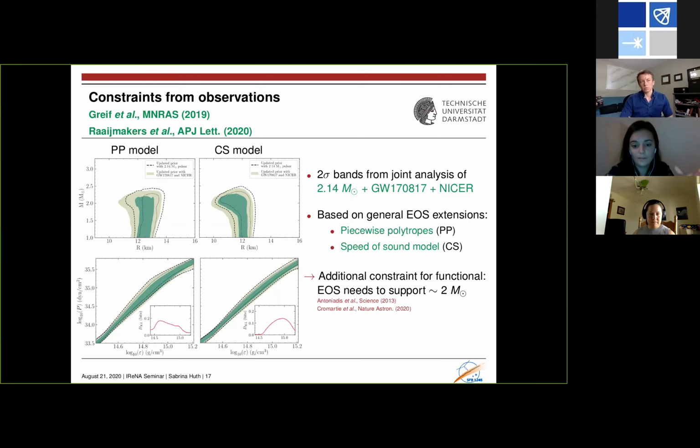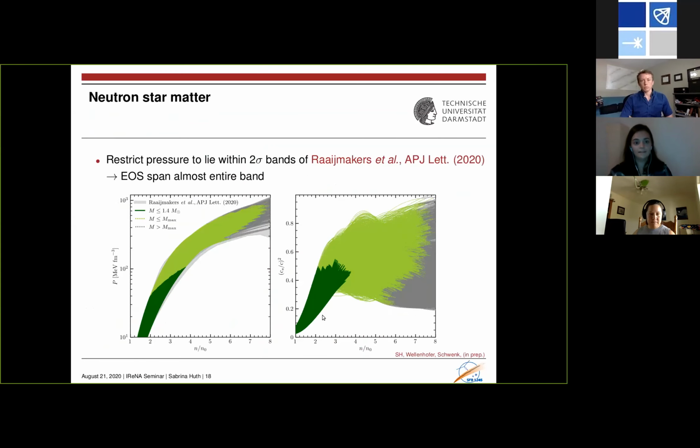And of course, additionally, we also use a constraint that every EOS needs to support a 2 solar mass neutron star. And for this, we use the measurement from Antoniadis and the 2 sigma uncertainty from Cromartie et al.